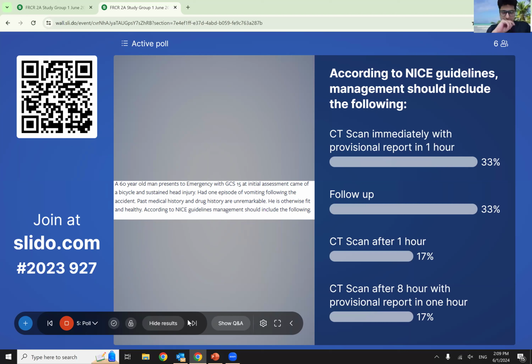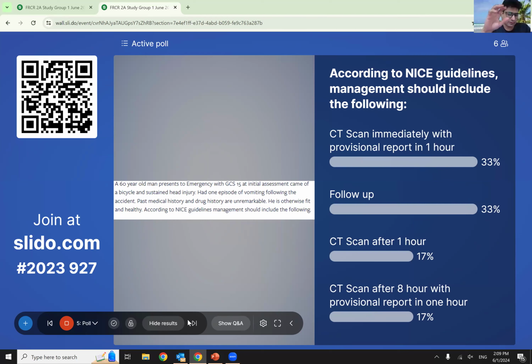Why is that? There is one particular section in the NICE guidelines about GCS 15. So if the GCS is 15, when do you get the CT head? GCS is 15, but there are about five risk factors.